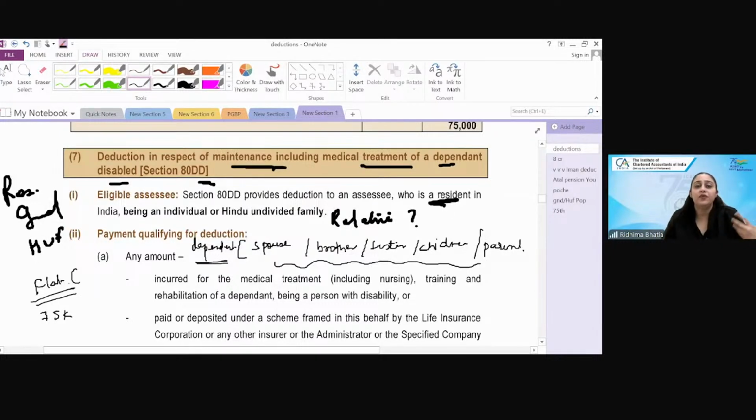You do not have to compare whichever is lower or higher. You just have to give a flat deduction of 75,000. But if the person who is being maintained is severely disabled, then it is 1,25,000.